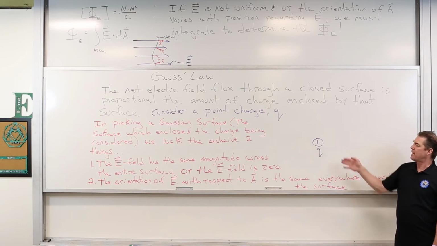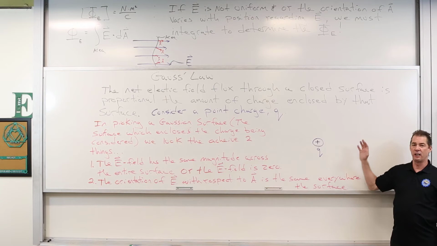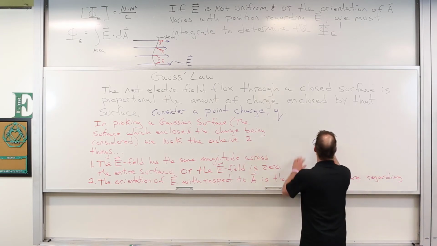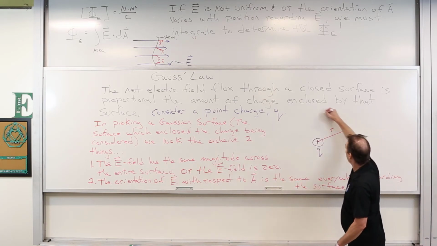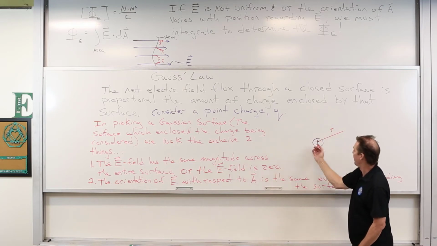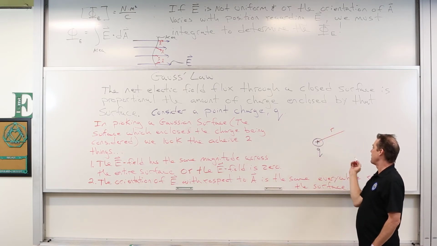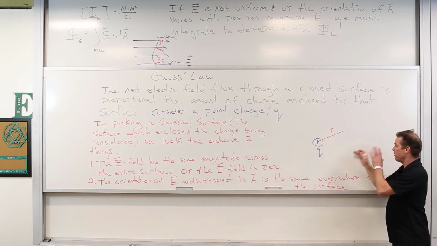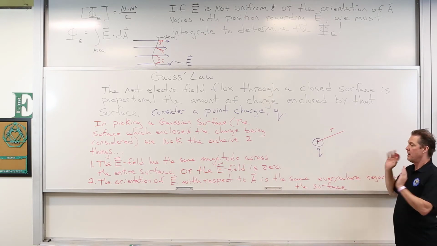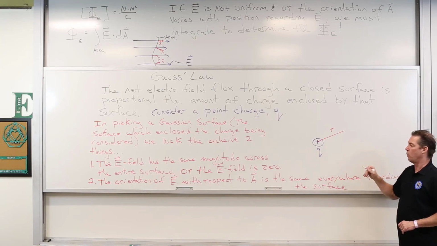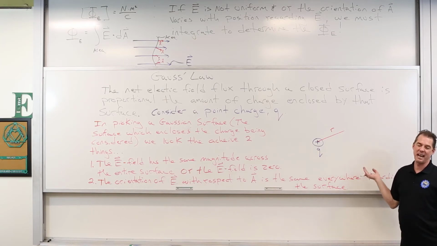So as long as we're the same radial distance r away from this charge, the electric field magnitude has to be the same. It doesn't matter if we're here, here, out in front of it by that same distance, or over here by that same distance.